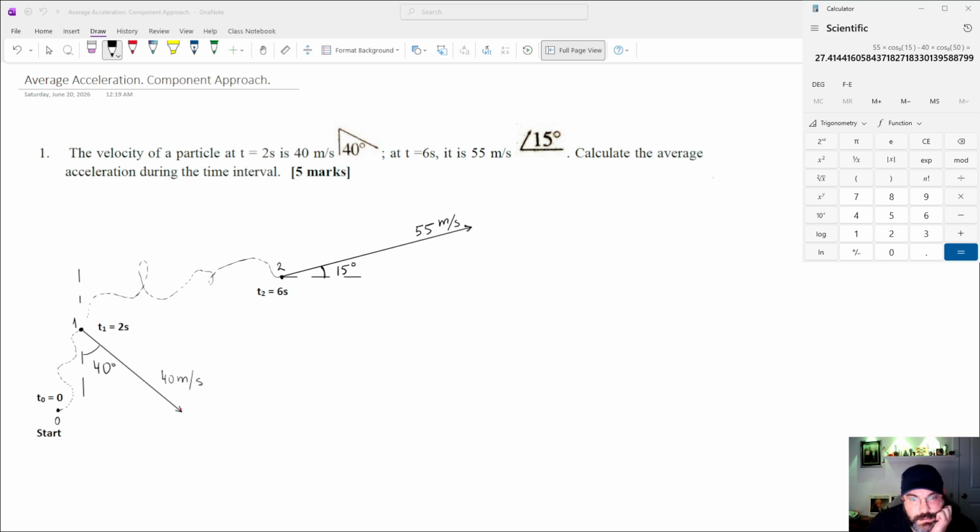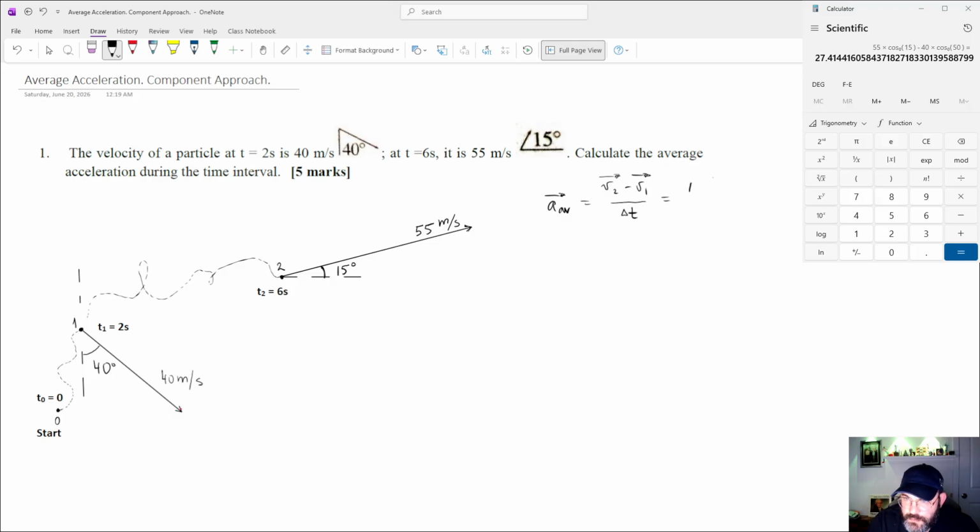Okay, so let's solve the exact same problem. We need to calculate the same average acceleration, which is v2 minus v1 divided by delta t.